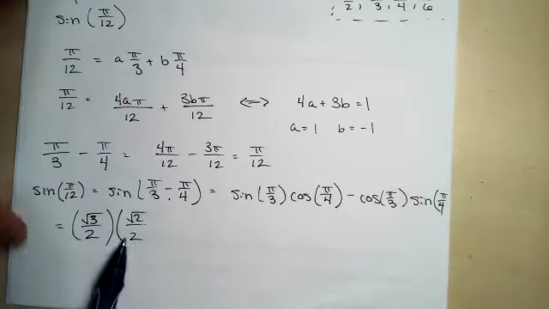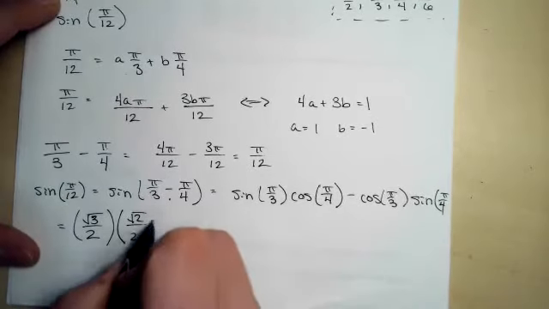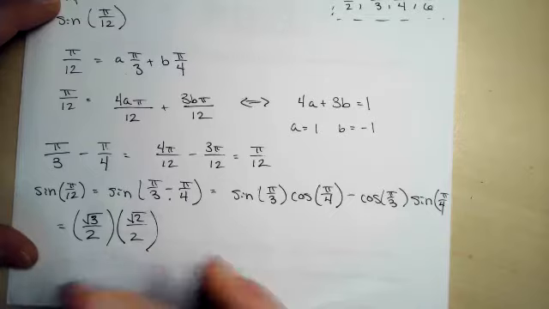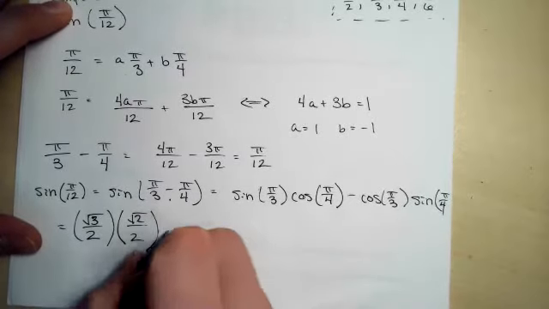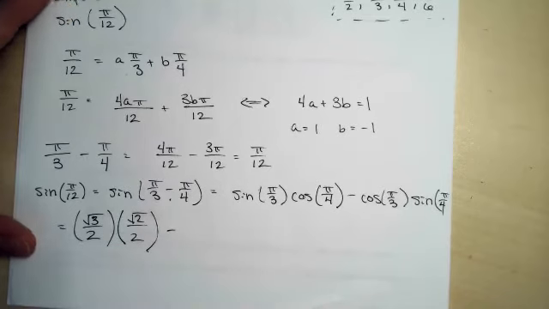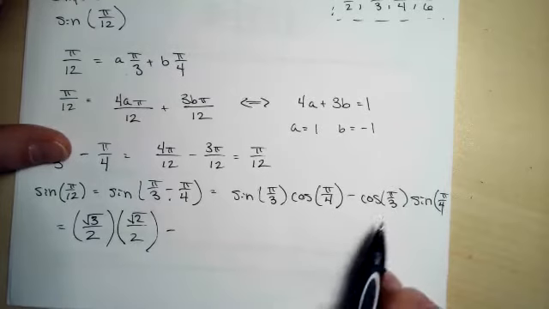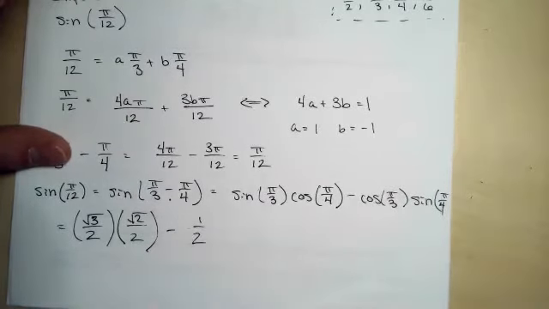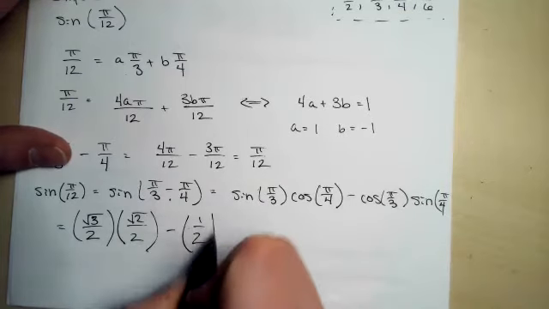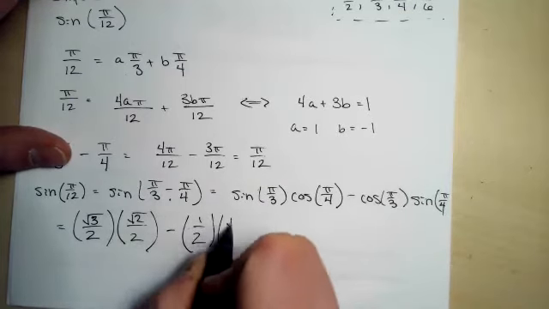I'm going to use square root of 2 over 2 since we're multiplying things in fractions. It's going to be a little nicer if we don't have an extra square root in the denominator. And we can combine our square roots of the numerator when we multiply. We've now got cosine of pi over 3 gives us 1/2, and sine of pi over 4, root 2 over 2.